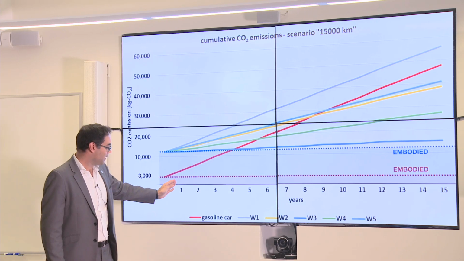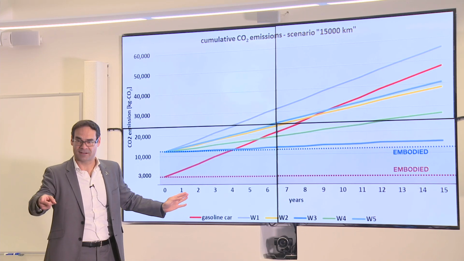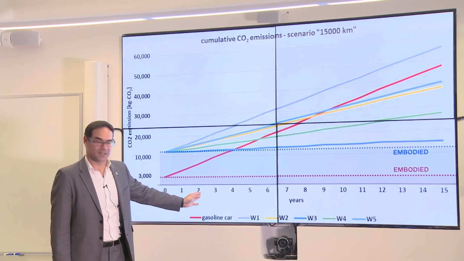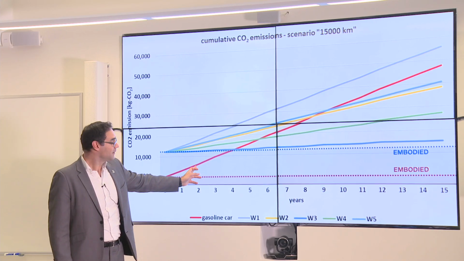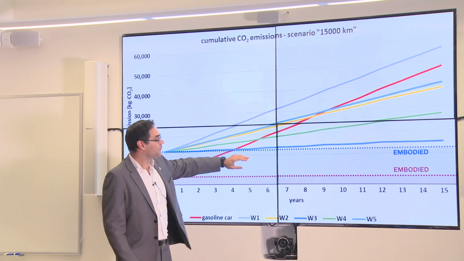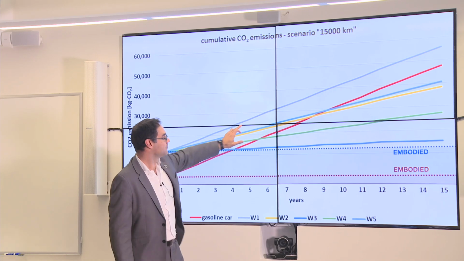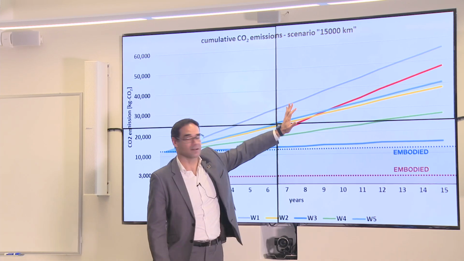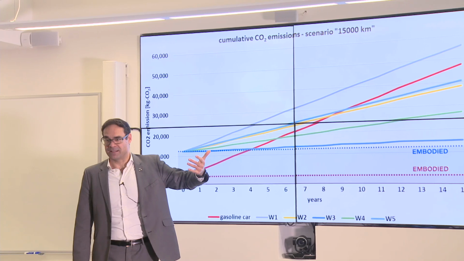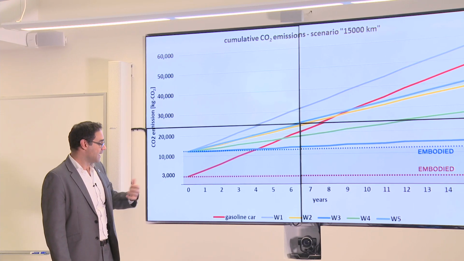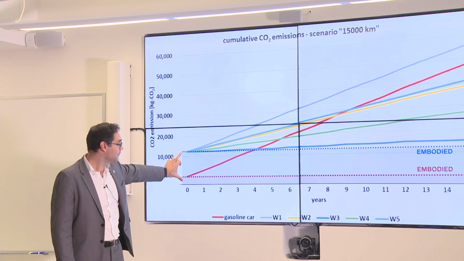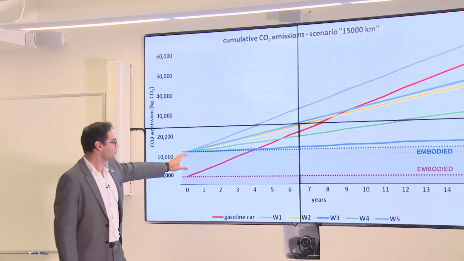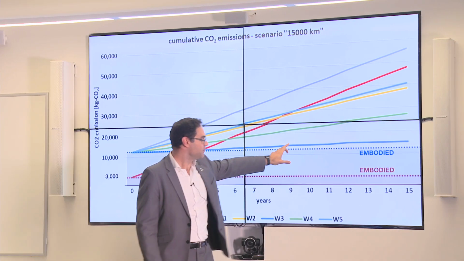So actually, if we imagine that you get a car and you trash the car in the second year, it's better if you have a gas car than an electric car. Some of the electric cars, at least these ones, are worse than the gas car because they are already starting with very high embodied energy. Of course, the new generations are much, much better.